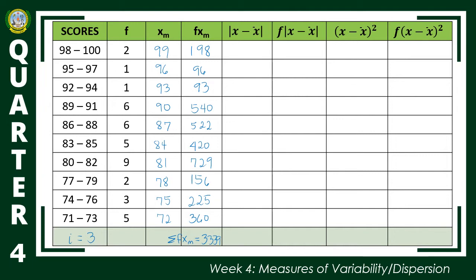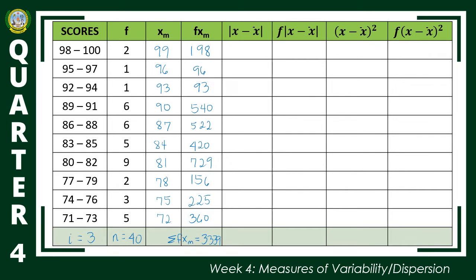Ayan, okay? So, di ba, pagkatapos natin makuha yung sum, i-divide natin yan sa n or sa total frequency natin. So, ano nga ba yung n natin? So, ang n po is yung total po ng f. So, that means, i-add din natin siya. 2 plus 1 plus 1 plus 6 plus 6 plus 5 plus 9 plus 2 plus 3 plus 5 is equal to 40. Okay, so 40 students pa lang involved dito.